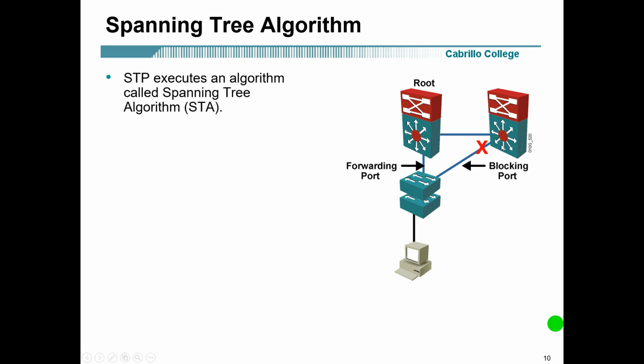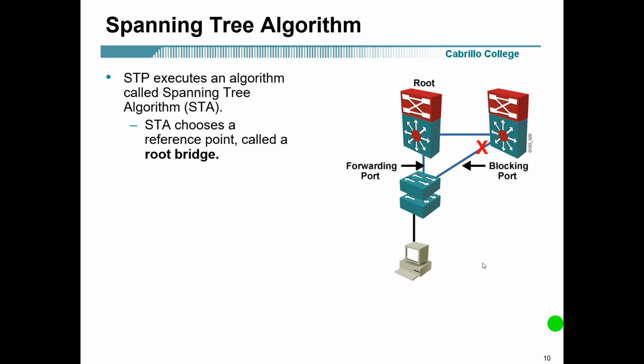This path is an alternative path or backup path, and so it's not the most direct route to our root bridge, so they could disable this port. If this port ever goes down, this link could be automatically brought up to start forwarding traffic this way.